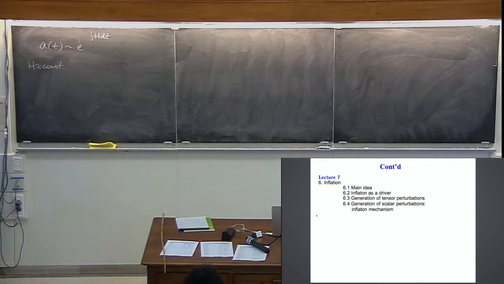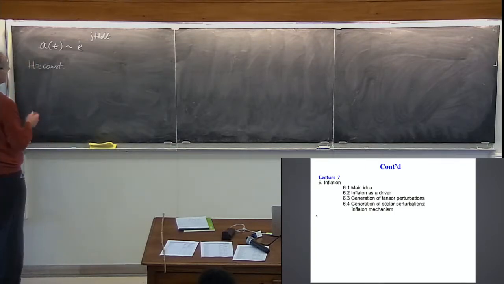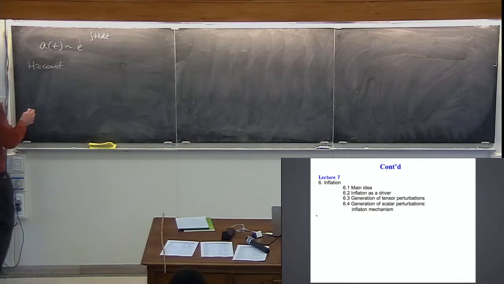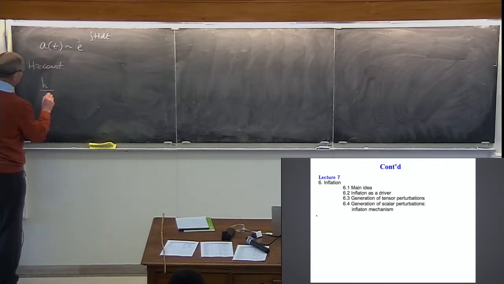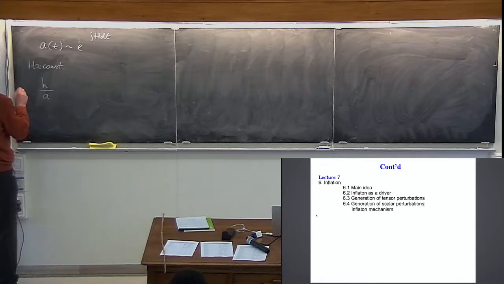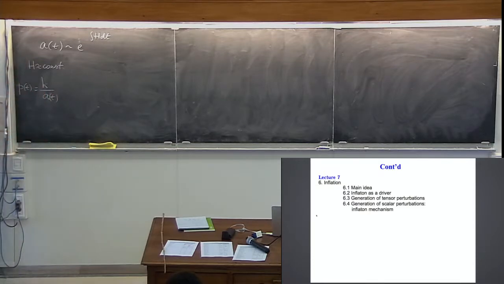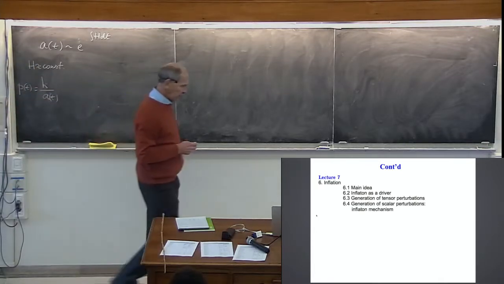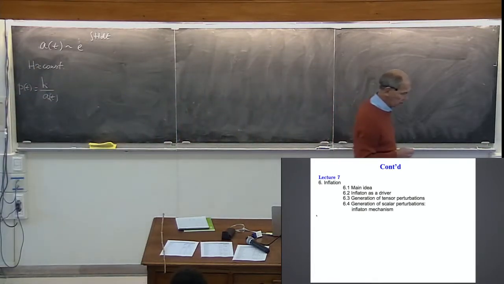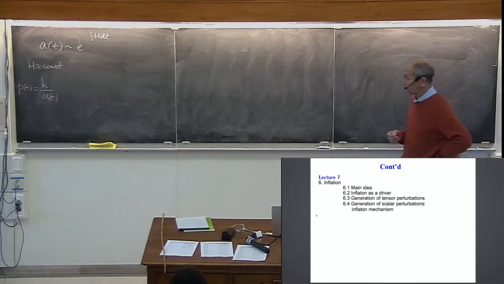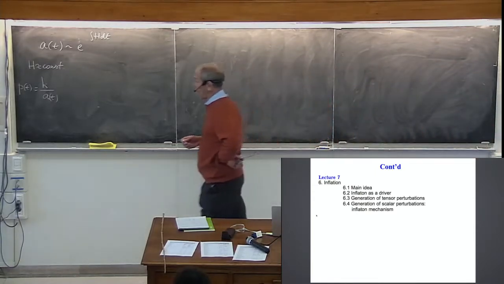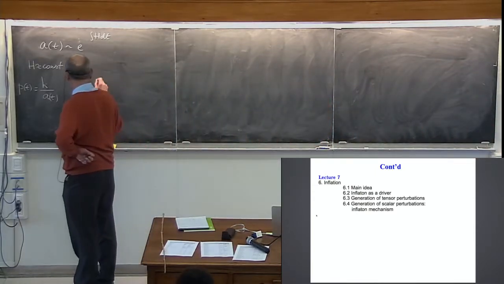Then what's important about the perturbations is the behavior of the physical momentum p as a function of time of a mode, whereas the Hubble parameter stays constant. The physical momentum redshifts exponentially in this case.